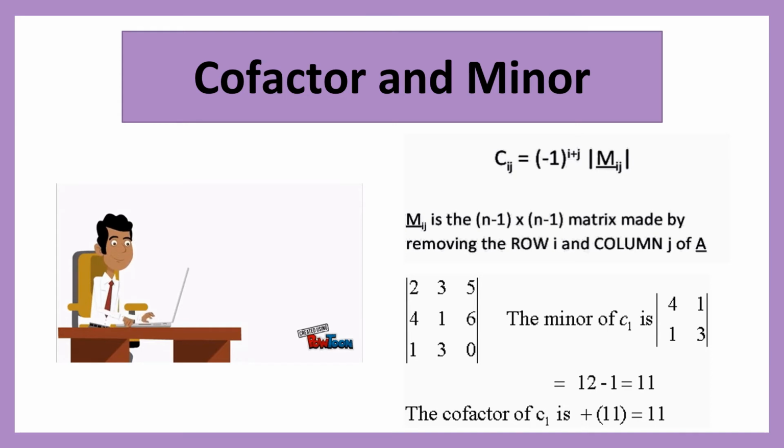It is represented by Mij, which denotes the minor of an element in the ith row and jth column of the determinant. Its value is obtained by subtracting the product of its non-leading diagonal elements from the product of its leading diagonal elements.